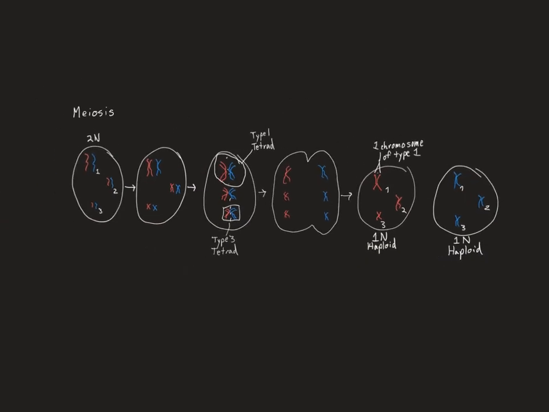So at the beginning of meiosis, we started with a 2N cell, and we were 2N, 2N, still 2N because this cell had not split all the way, but then we finally got here to the end of meiosis 1, and we end up with 2 haploid cells.